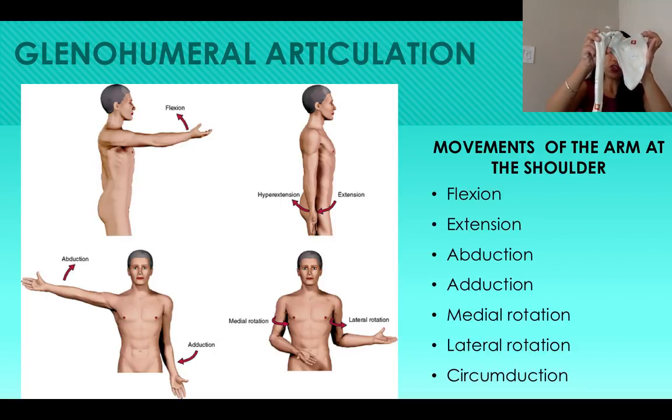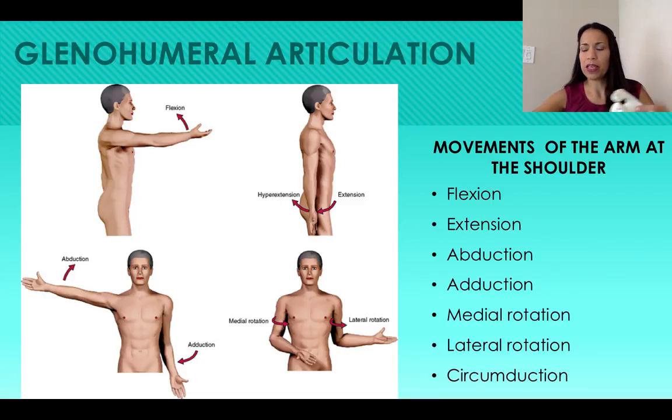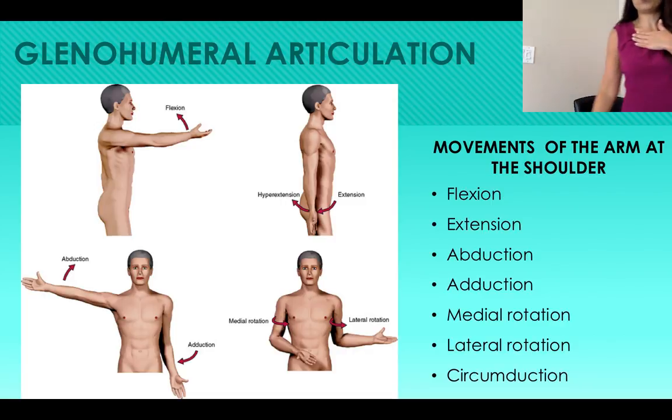Abduction is when you move the arm away from the body. Then adduction is when you move it closer to your body. Then medial rotation. I'm going to show you with my arms, it's easier. Okay, so again, I'm going to stand up. This is flexion, extension.